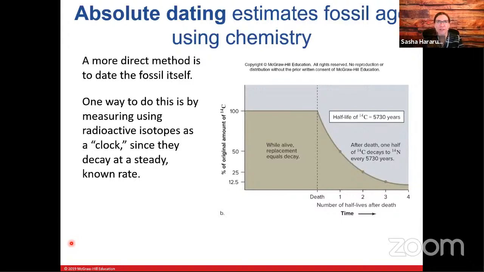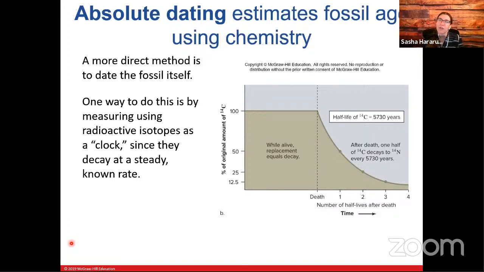The assumption that the carbon-14 content in the living organism is the same as it was 50 years ago, 50,000 years ago, is not quite right. That is because in the early to mid 20th century, lots of bomb testing was going on, and this bomb testing basically produced lots of carbon-14. They produced a spike in atmospheric carbon-14 because of all the explosions and all of the disturbance that it caused in the atomic structure of carbon.